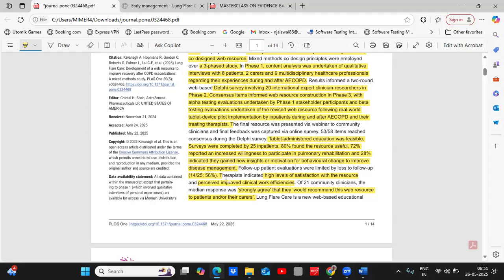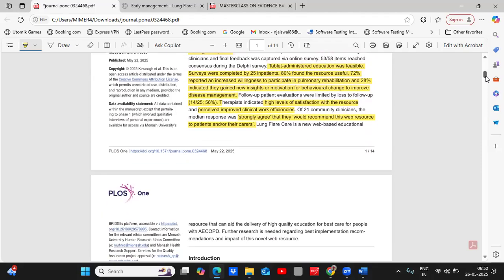The physiotherapists, that means those who are giving patient education through this resource, have indicated a high level of satisfaction with the resource and perceived improved clinical work and efficiencies. Of 21 community clinicians, the median response was strongly agree that they would recommend this web resource to the patients and caregivers.